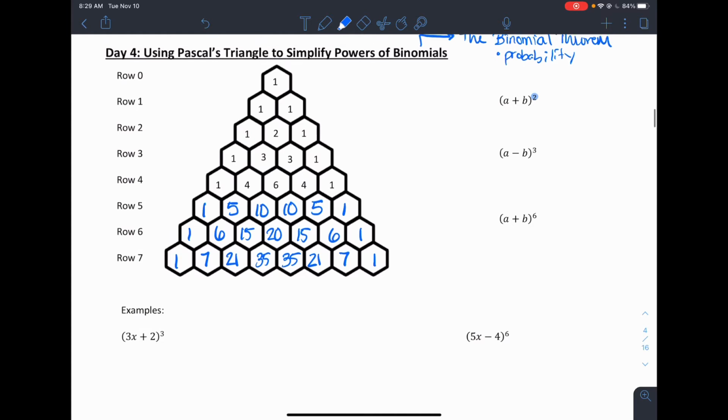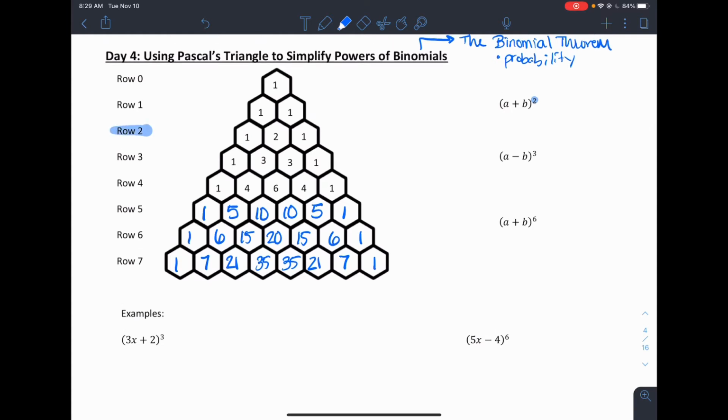I have (a + b) squared here, so I'm going to look at row 2, which is 1 2 1. These are telling me the coefficients. So the numbers inside the triangle are telling me the coefficients.